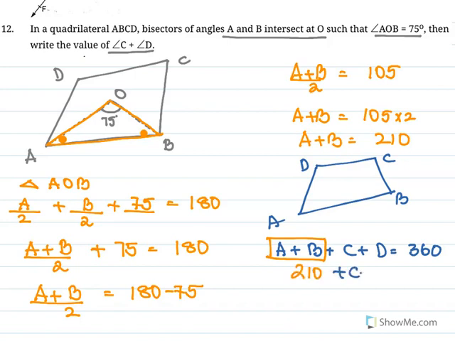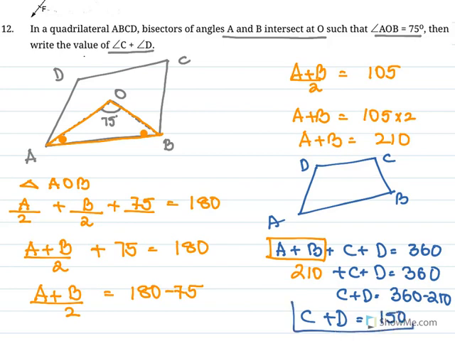So 210 plus C plus D is 360. So you have C plus D equal to 360 minus 210, which when you subtract you get 150. So this is your answer.